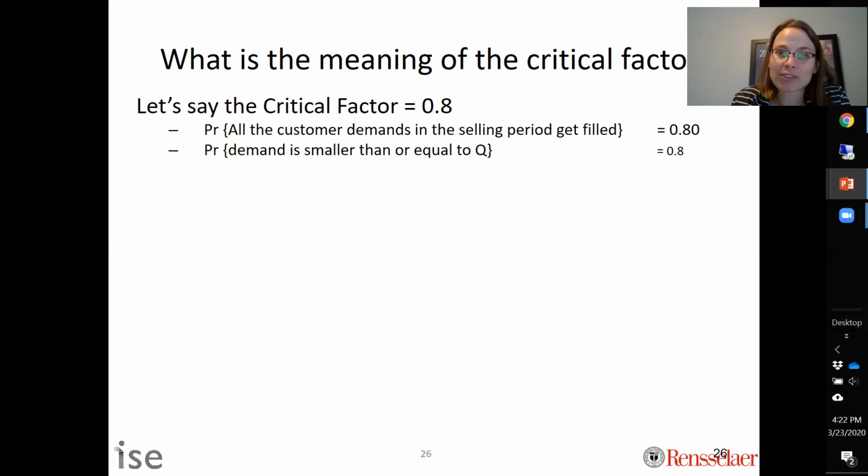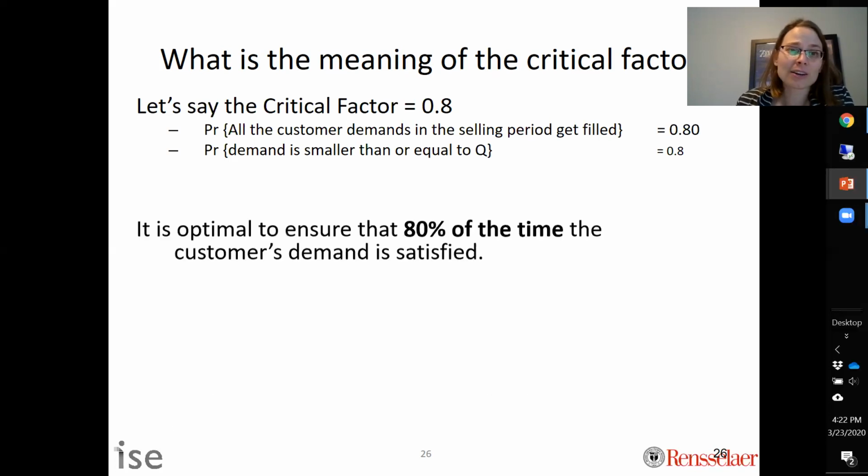So we are setting the critical factor, and then we're determining Q. We're trying to set our service level, and then using that service level to say, on average, the probability that all the customer demands in a selling period are filled is the critical value.